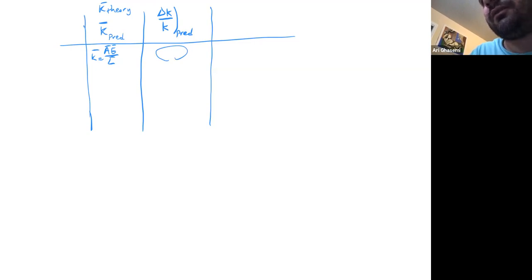And then we have two more columns: k average observed, which I'm going to talk about. OBS means observed. That comes from the measurement, from the machine, the observation. And then you have delta k over k average observed.